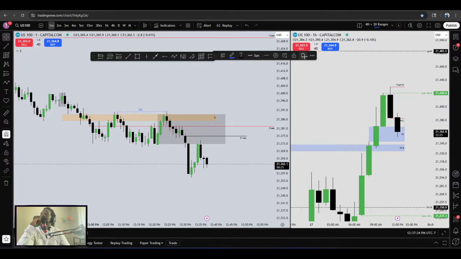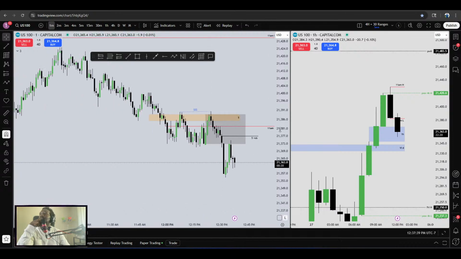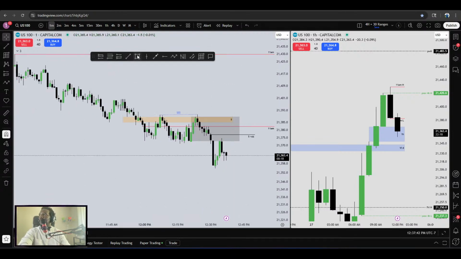I prefer when the price action just comes down and then immediately we just shoot up. But then again, remember I said that we were consolidating here.